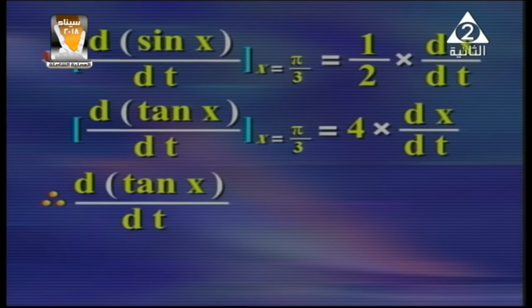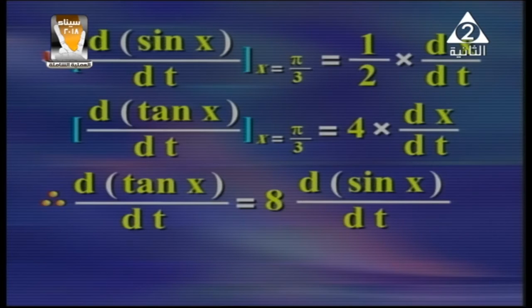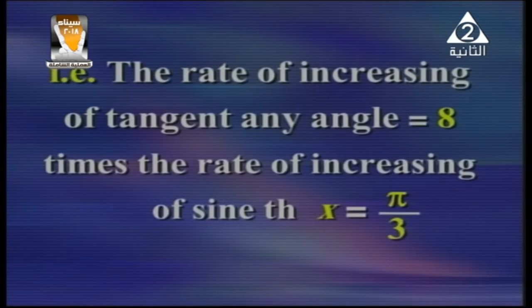Different. d tan x/dt equals 8 d sine x/dt at x equals pi/3. What do you mean by x equals pi/3? It equals 60 degrees. Then the rate of increase of the tangent of an angle equals 8 times the rate of increase of the sine at x equals pi/3.